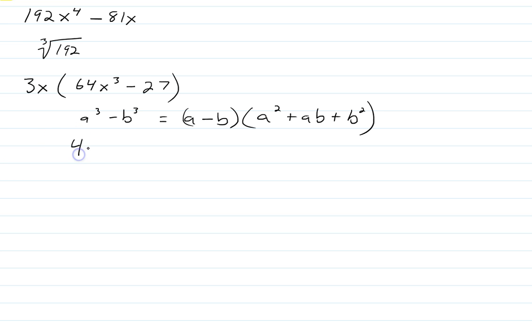So 4x cubed gives us 64. 3 cubed is going to give us 27. Same thing like we've been practicing. The 4x is going to go where the a is, and the 3 is going to go where the b is. And I'm not going to forget about this.